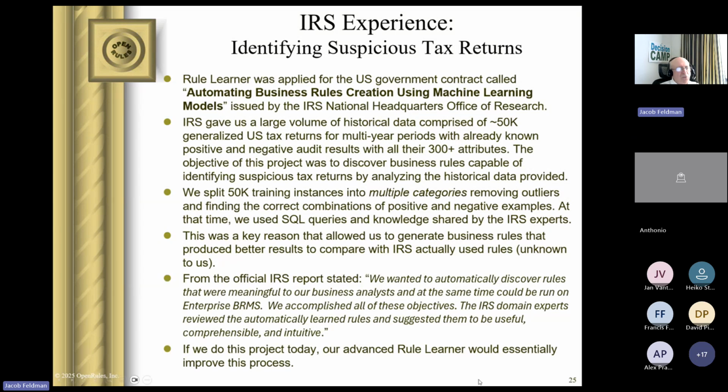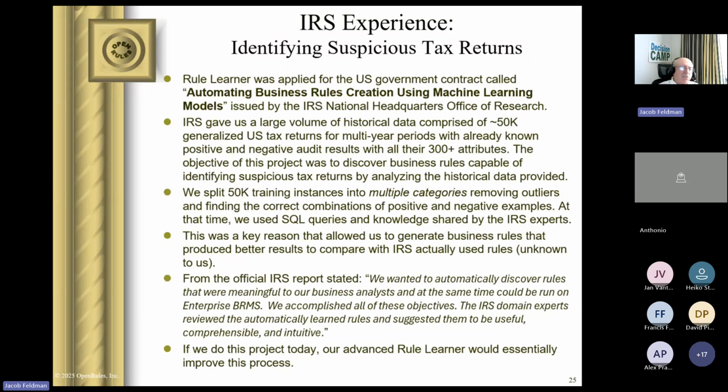I want to share with you one of the most successful stories we had a while ago, when we won several contracts with the Internal Revenue Service, IRS. It was not the advanced rule learner, it was the initial rule learner, but what was the problem? That was extremely interesting.